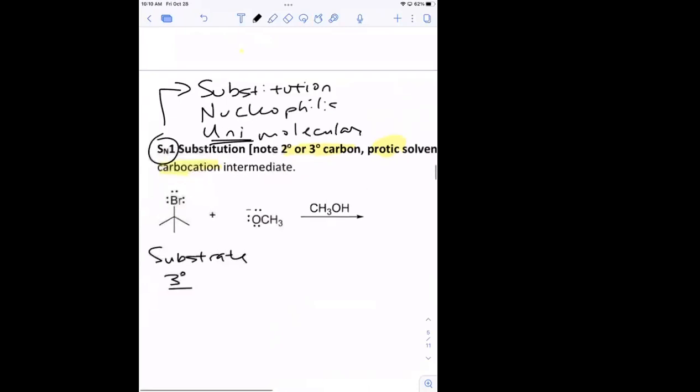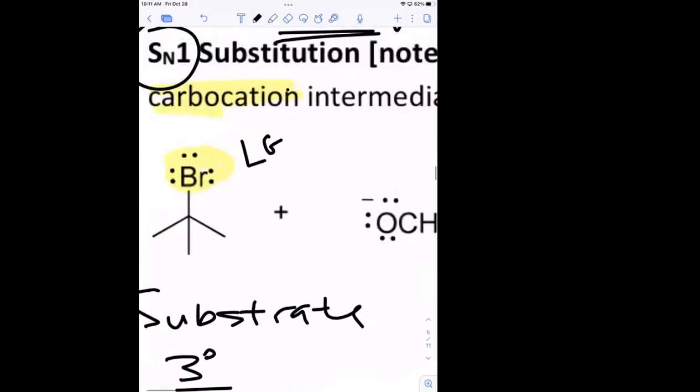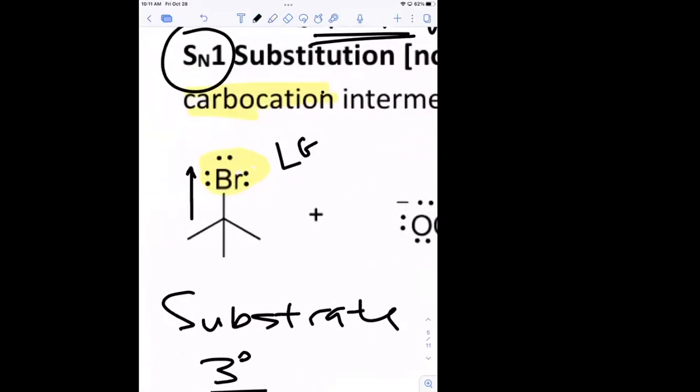I've already labeled my substrate. Where's the leaving group in the substrate? Bromine. Good. It's always the most electronegative atom or functional group in the substrate. Keep in mind, even going forward, in the reactions we're going to look at in the next section, everything works on the same principle of nucleophile and electrophile.